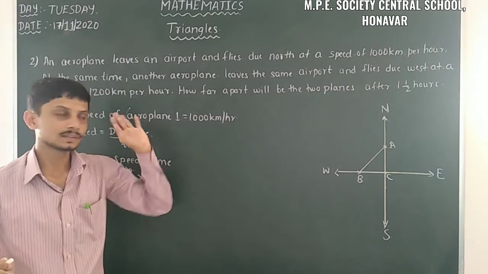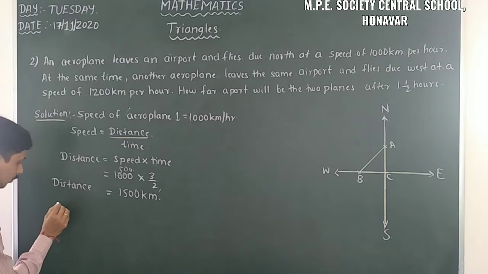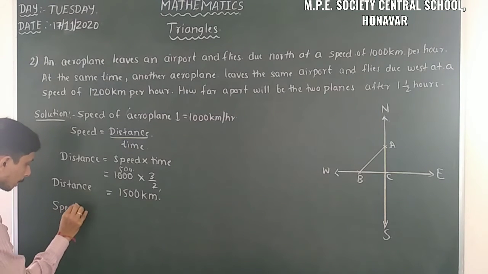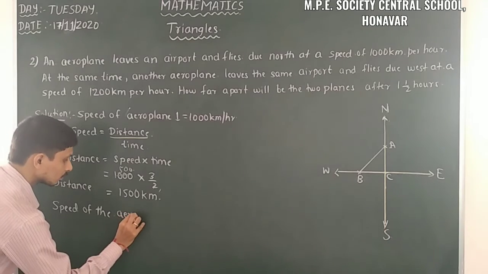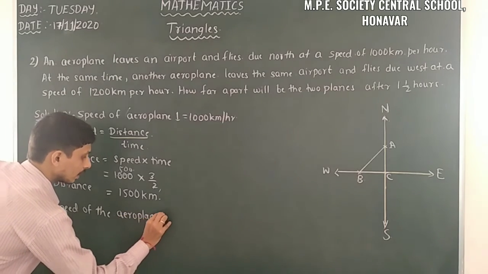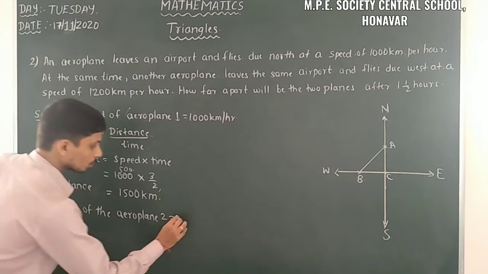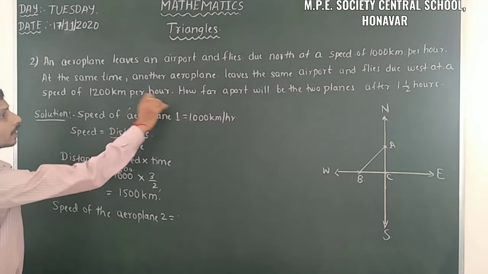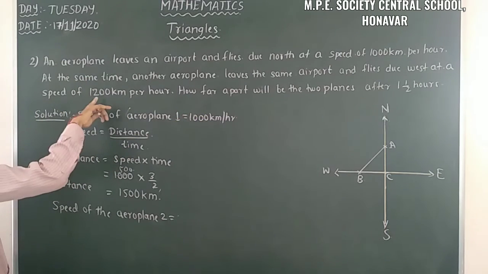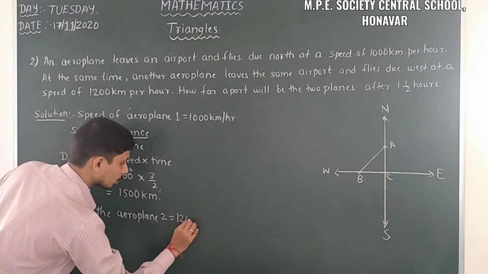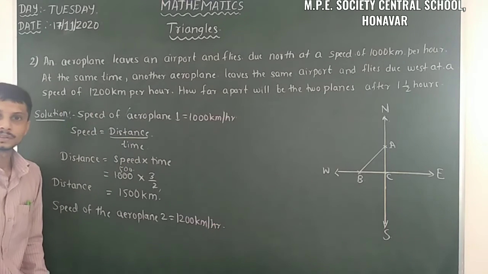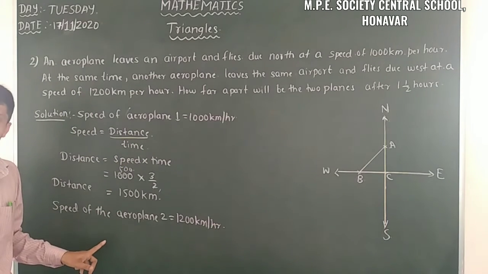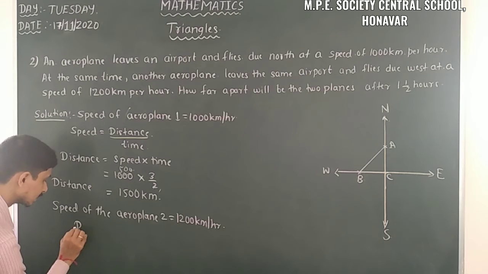Then the speed of aeroplane 2 is, at the same time, 1200 km per hour. Here we have to calculate the distance.